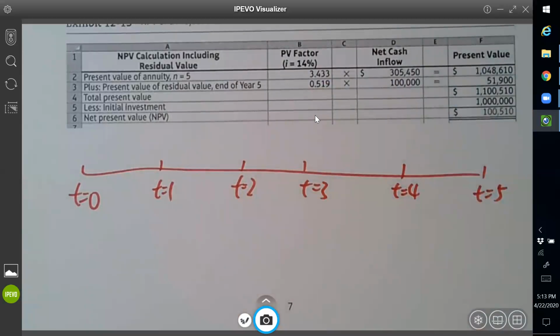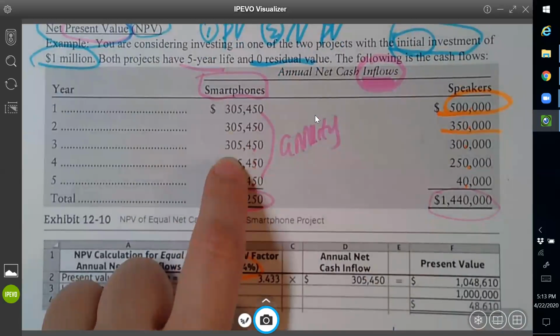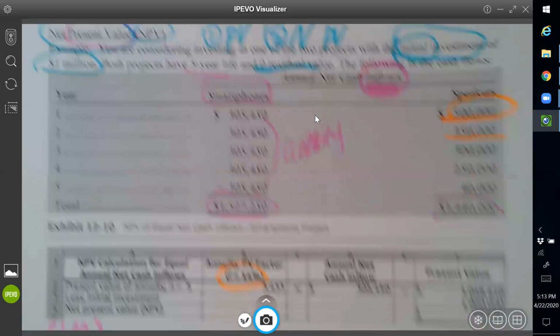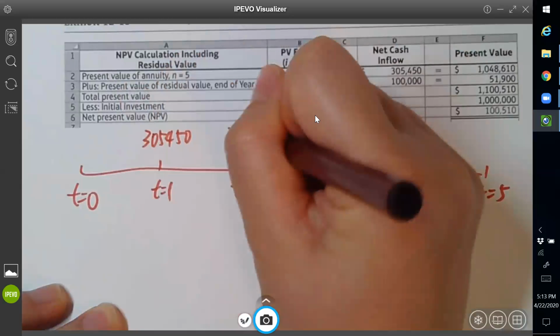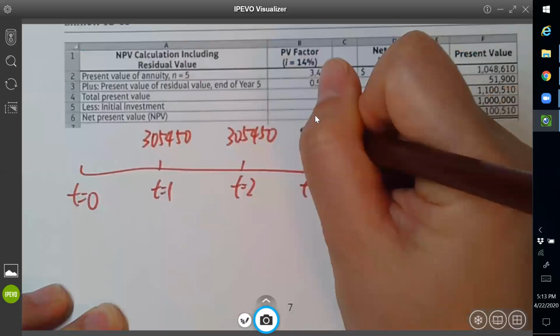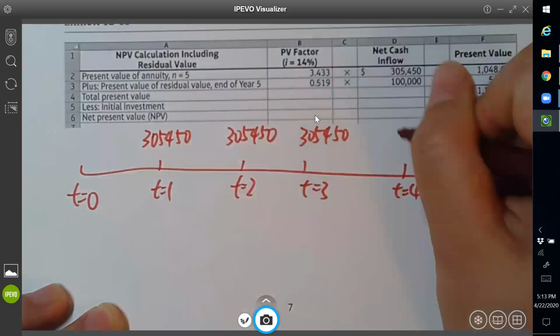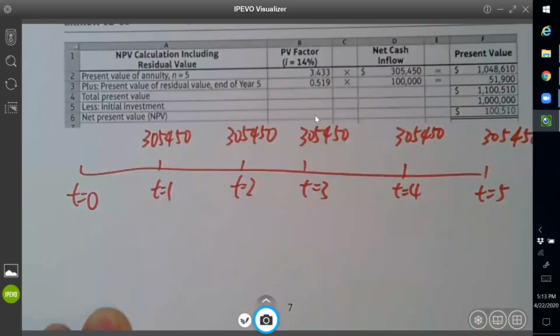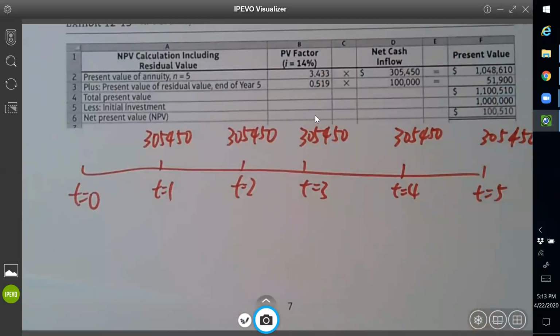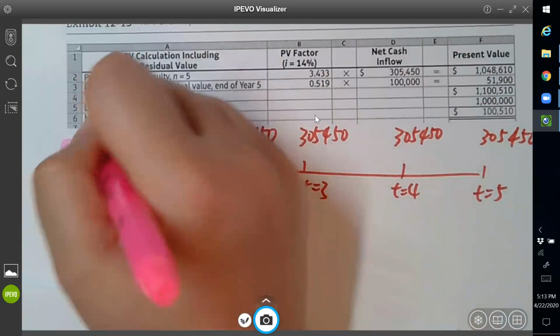For the smartphone, 305,450 every year, for five years. And at the beginning of the project, you still invested $1 million outflow.